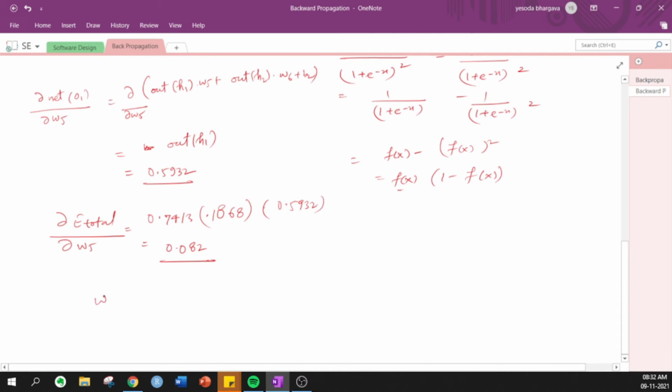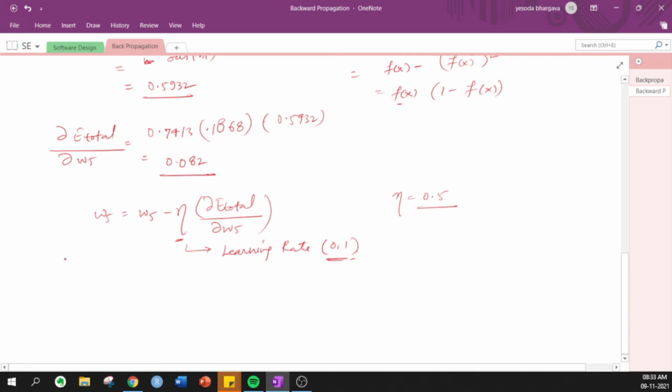So W5 is the old value minus eta into partial derivative of total error with respect to W5. So this eta is called the learning rate. It ranges between 0 and 1. It is better to take a small value so that you can learn in small steps, but not so small that you keep on learning forever. In this particular case we have taken eta as 0.5.